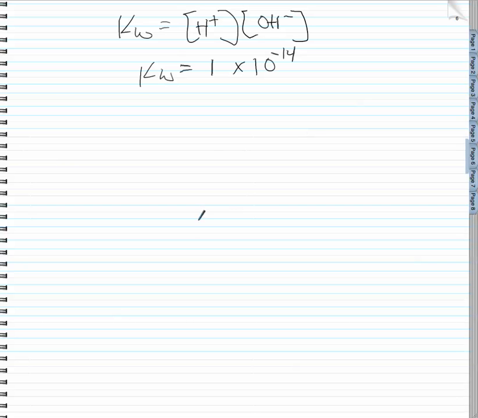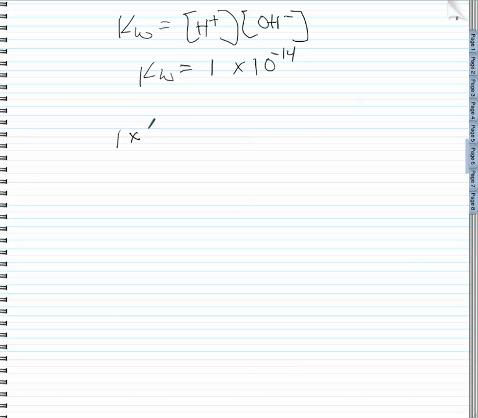So if you increase H plus, you're going to have much less OH minus, so that this product is equal to this constant. If you have very little H plus, you're going to have a whole lot of OH minus to make it work. If we're talking about just neutral water, where all of the dissociation comes from the same water molecule, this concentration and this concentration are going to be equal.